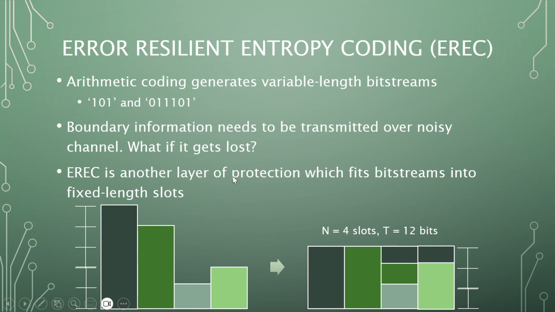The research paper also mentioned that N and T need to be sent in a very protected scheme on the side, separate from the rest of the data. So we'll assume that the decoder already knows N and T and that those are not corrupted.